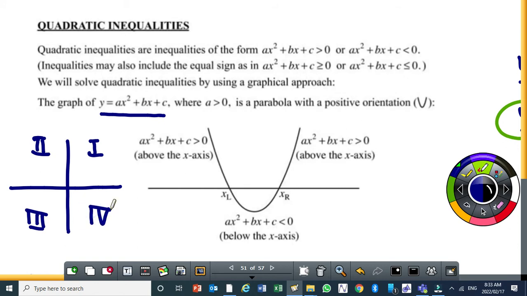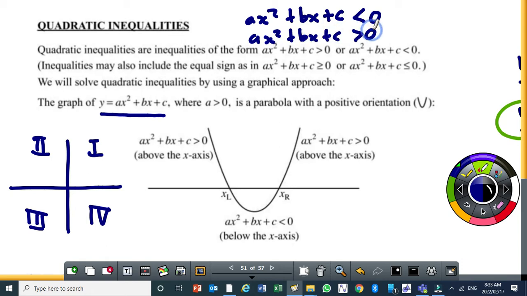So if I write an inequality like this, ax squared plus bx plus c is less than 0, what that means is we are saying the y values are what? Negative. That's what it means.